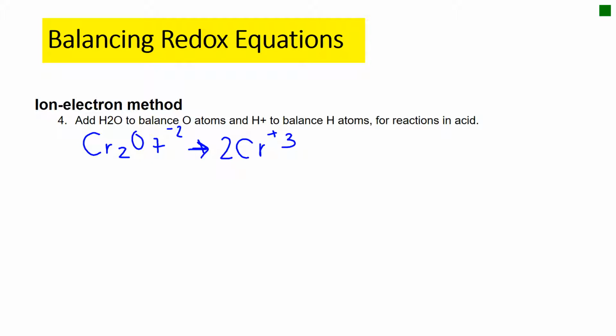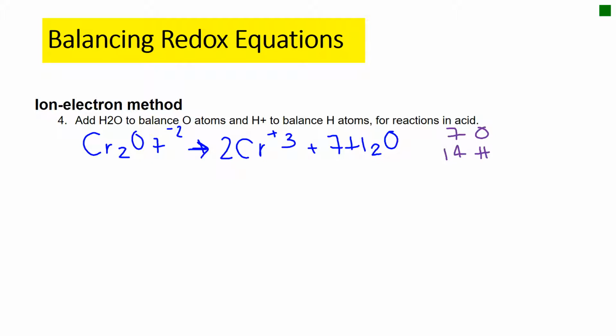And now since on your left side you have 7 oxygens, then on your right you have to have 7 oxygens. So you're going to have 7 molecules of water, and that's going to be equal to 7 oxygens and 14 hydrogens.